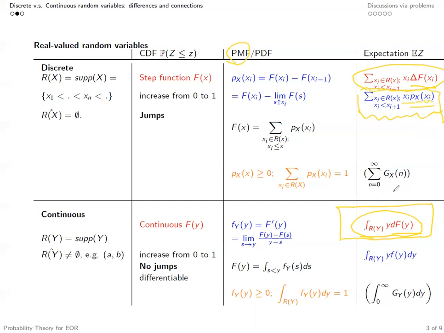Here as well, for continuous random variable, the formal definition is the Riemann integral of y weighted by the density function, and we integrate over all possible values taken by y. Or you can simply integrate from negative infinity to positive infinity. But outside of the range of y, or outside of the support of this random variable y, this density is always set to be 0, so it doesn't matter what happens outside the range of y.